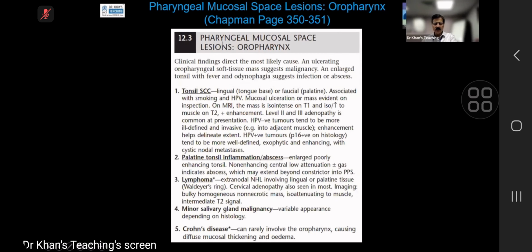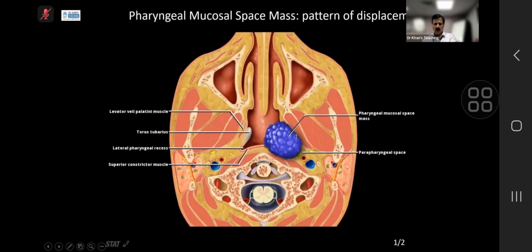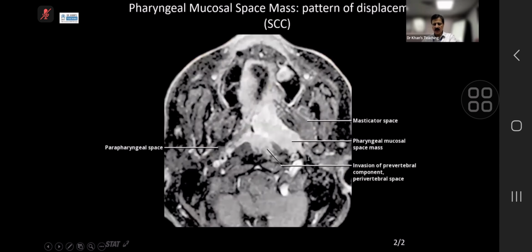And this is the second differential diagnosis, oropharynx. And in this oropharynx, the most important ones, other than SCC, is of course inflammation. This is for me. This is for your 2B. This is the most important. So the concept of displacement of the parapharyngeal space. This diagram tells you if the lesion is sitting here, this is the parapharyngeal space, and the fat will be displaced laterally, which is common sense.